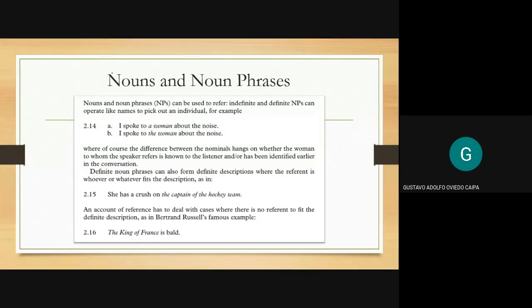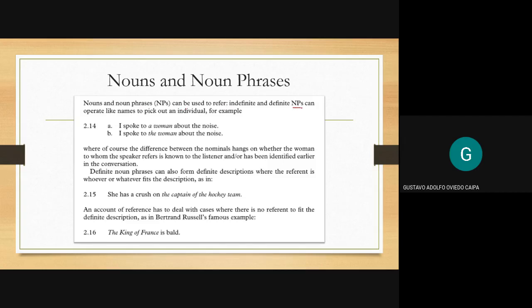Okay. As for nouns and noun phrases, I don't plan on spending too much time on them because understanding this is kind of easy. So we're just gonna read again this part of the text. It says nouns and noun phrases can be used to refer, indefinite and definite noun phrases.